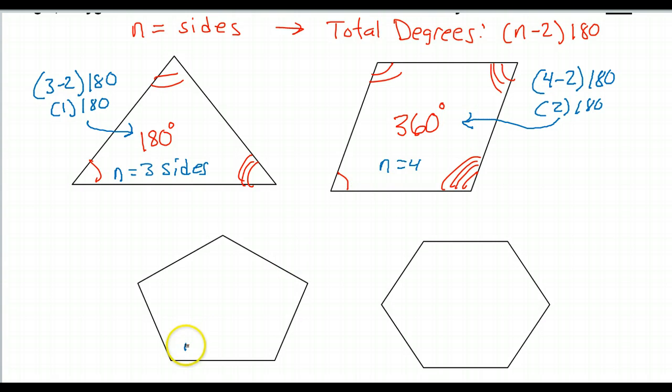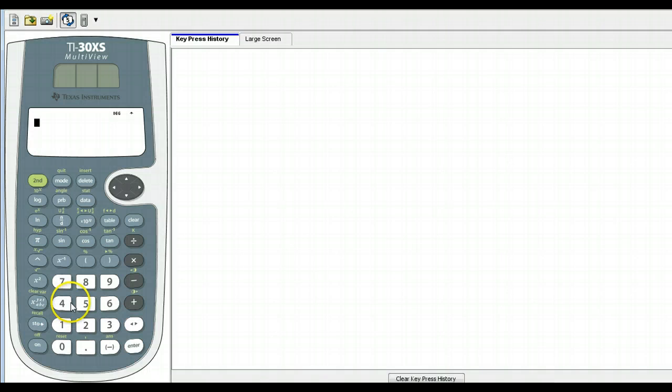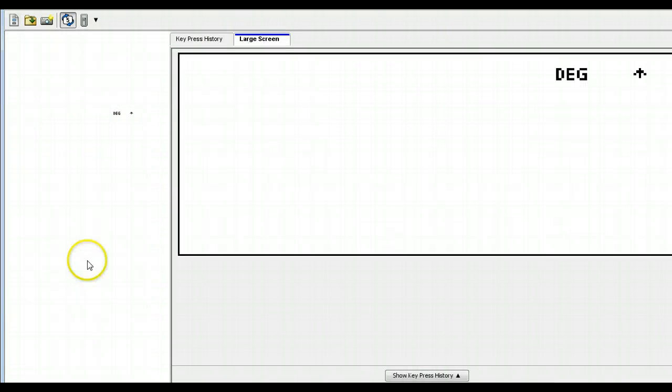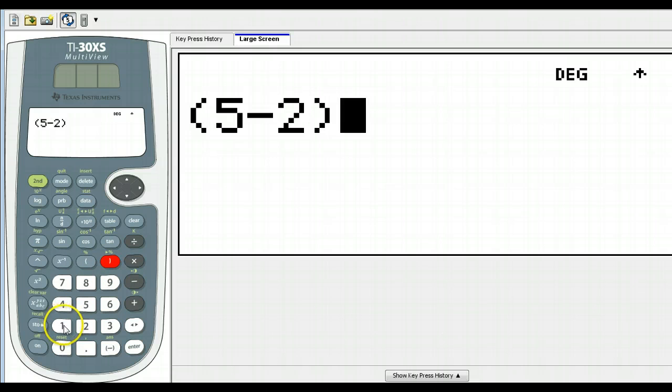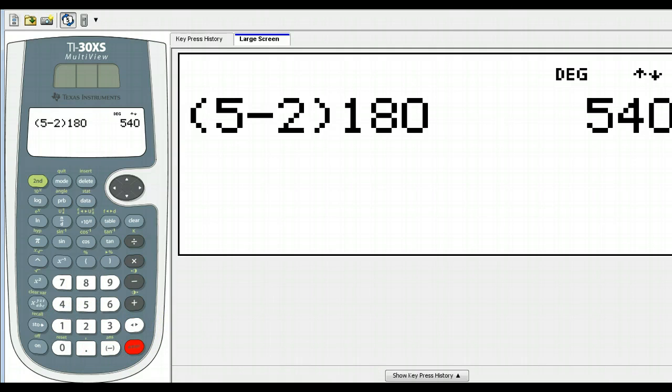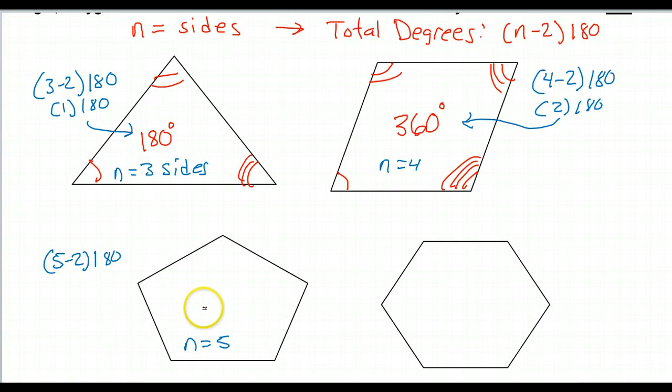Alright, if I have a pentagon, here n is equal to 5. So if I do n minus 2 times 180, that's 5 minus 2 times 180. I'm going to use my calculator to help me out, but I could just do 5 minus 2, or I could have just said 3, times 180. So a pentagon has a total of 540 degrees. Who knew?